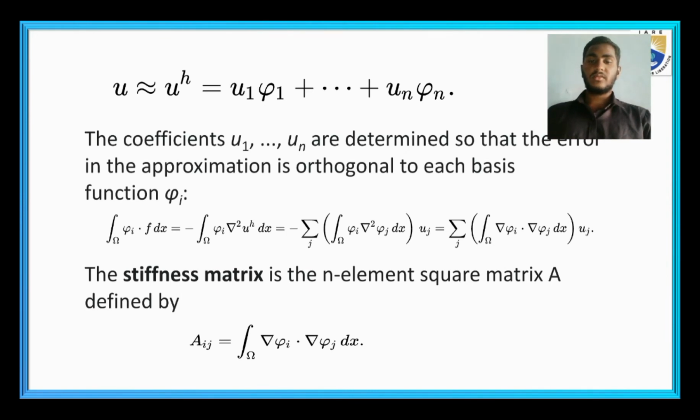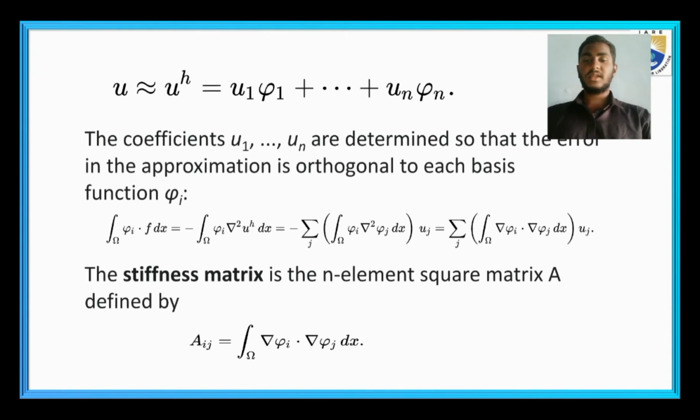dx equal to minus summation j of integral over omega of phi i delta squared phi j dx into uj, equal to summation j of integral over omega of delta phi i into delta phi j dx into uj.